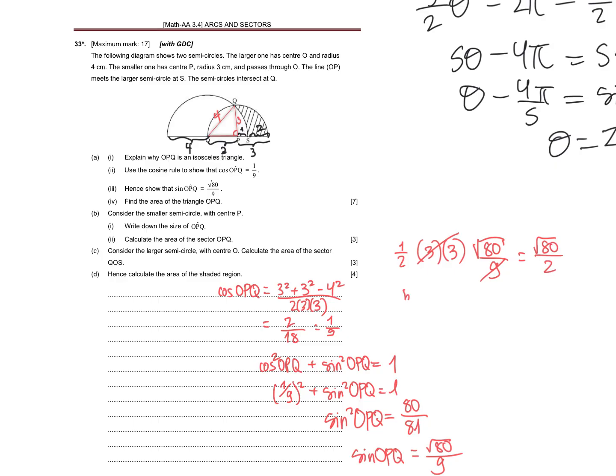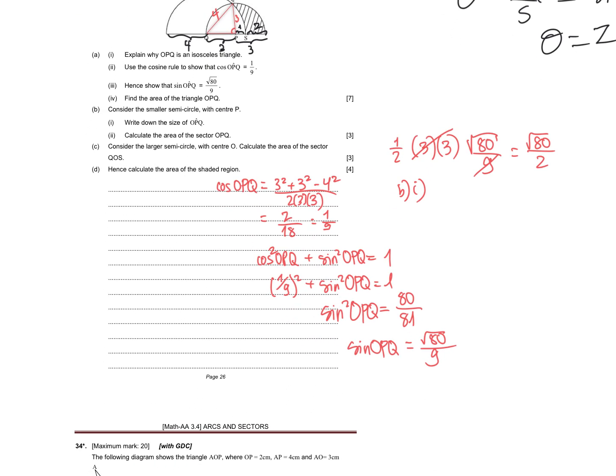Now B(i), consider the smaller semicircle with center P. Write down the size of OPQ. Okay, we just have to do the sine inverse of this, or the cosine inverse of 1 over 9.